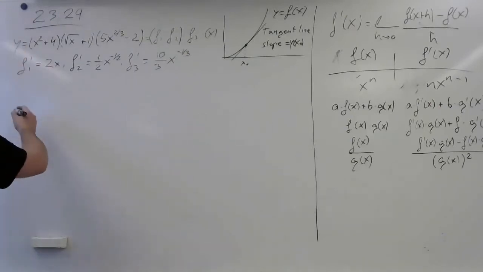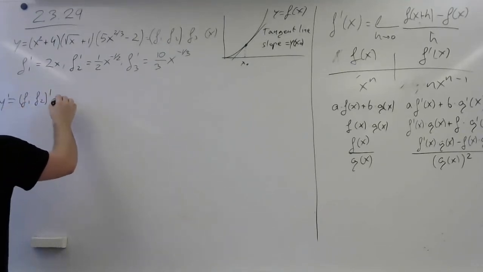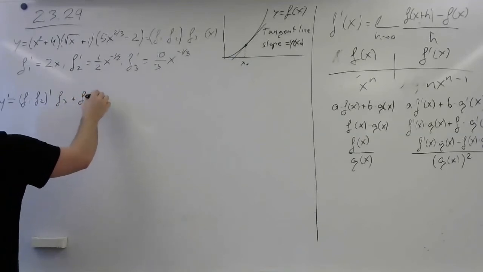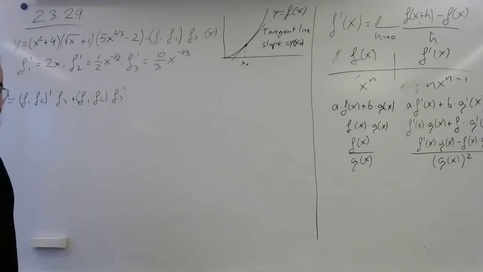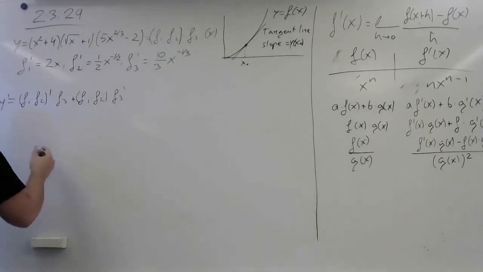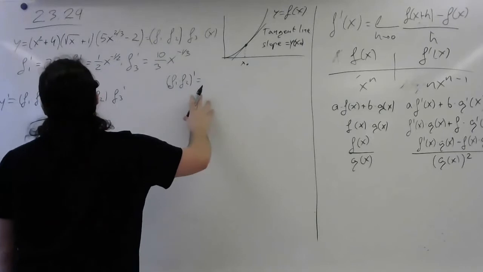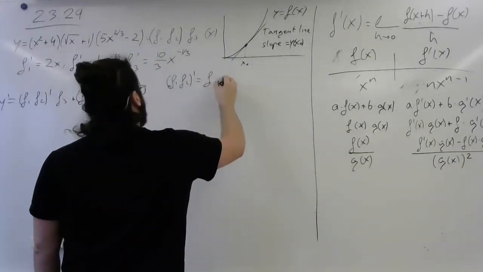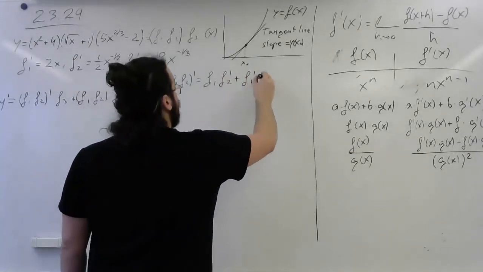So by the chain rule of product, the derivative of this would be, so we have to calculate F1 times F2 prime plus F1 prime times F2.